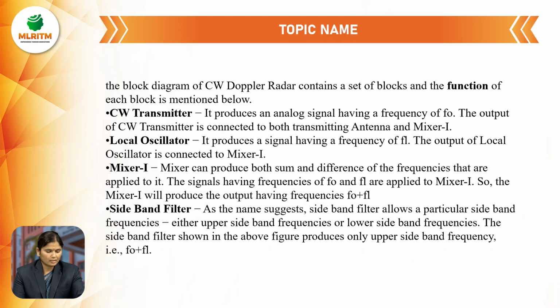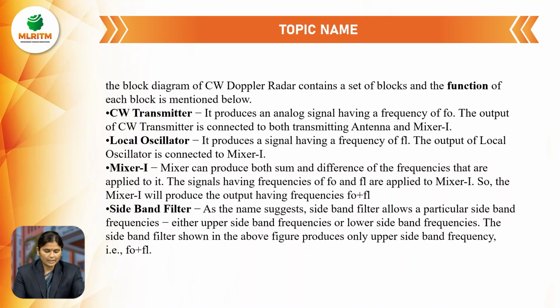The local oscillator produces a signal having a frequency of FL, and its output is connected to mixer 1. So we have two inputs to mixer 1: the output of the local oscillator and the output of the continuous wave transmitter, meaning the signals transmitted by the transmitter.